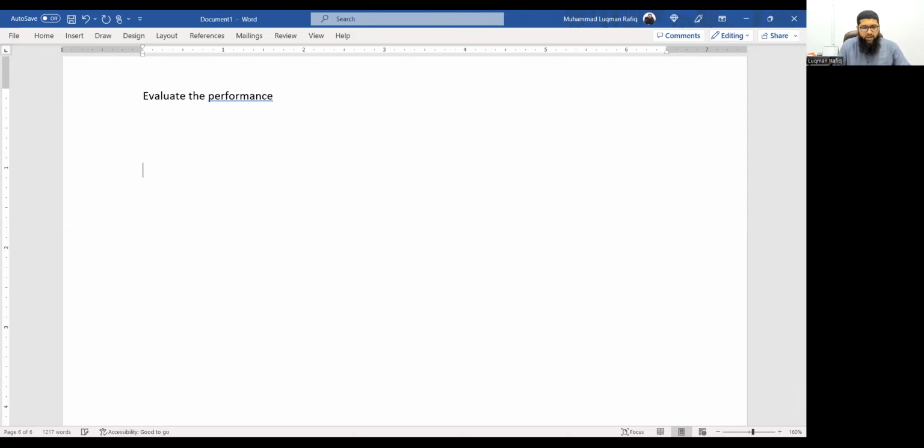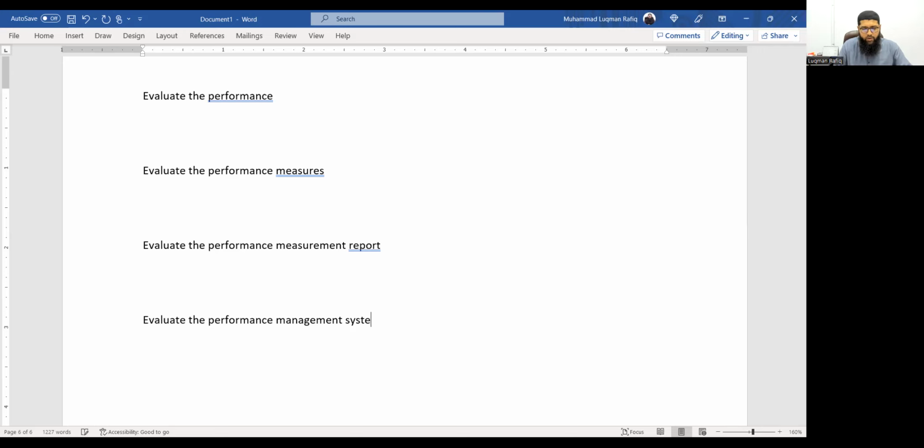Then it says evaluate the performance measures. Then it says evaluate the performance measurement report. Then it says evaluate the performance management system. Right? You did mention this quite a number of times.